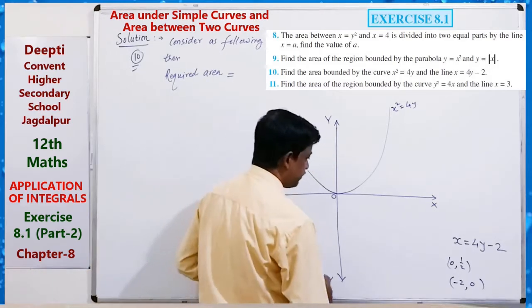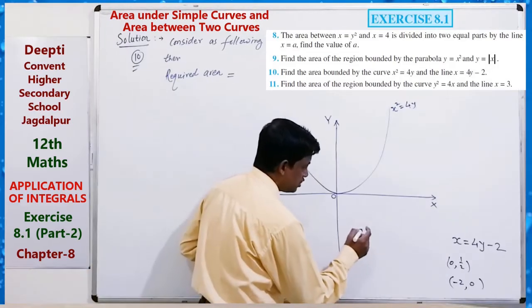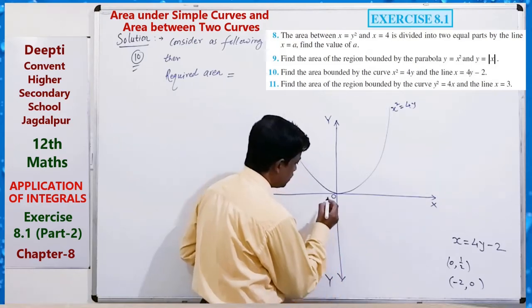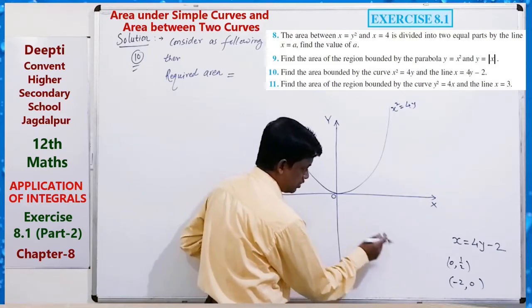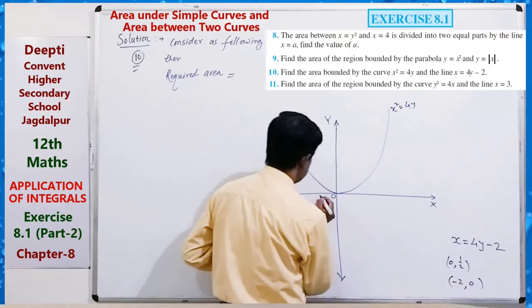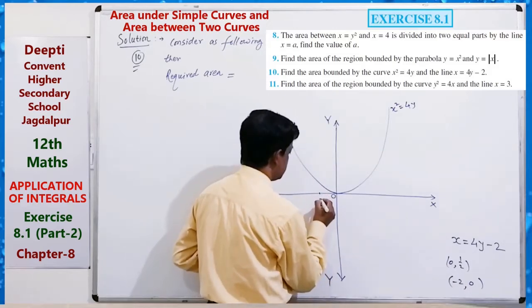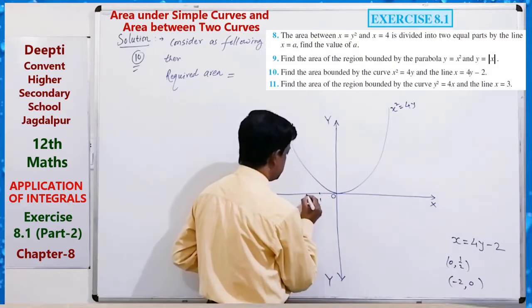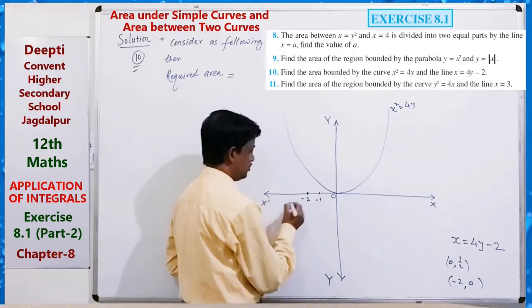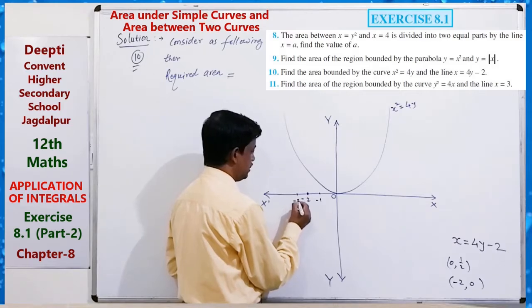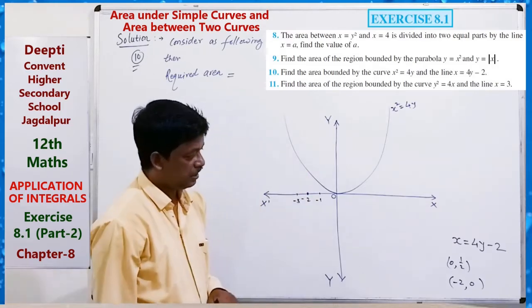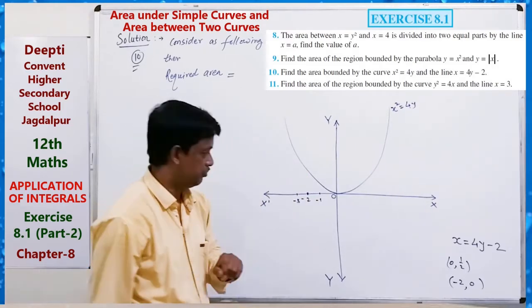So, here suppose x equals to minus 2, here minus 1, this is minus 2, okay, this is minus 3 and so on, this is minus 2 and y equals to half.